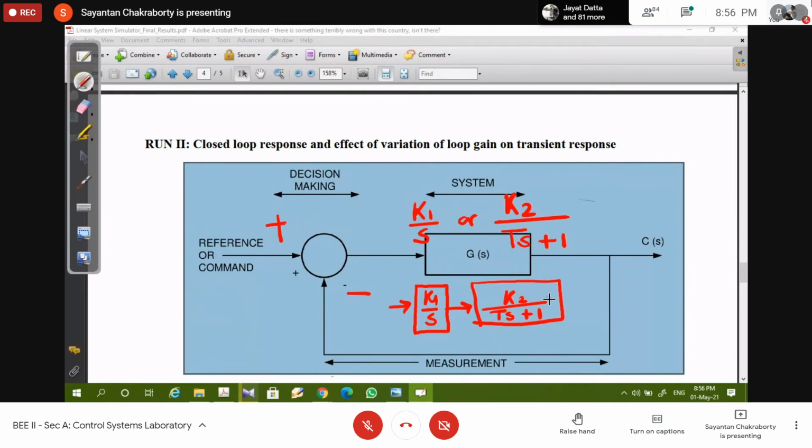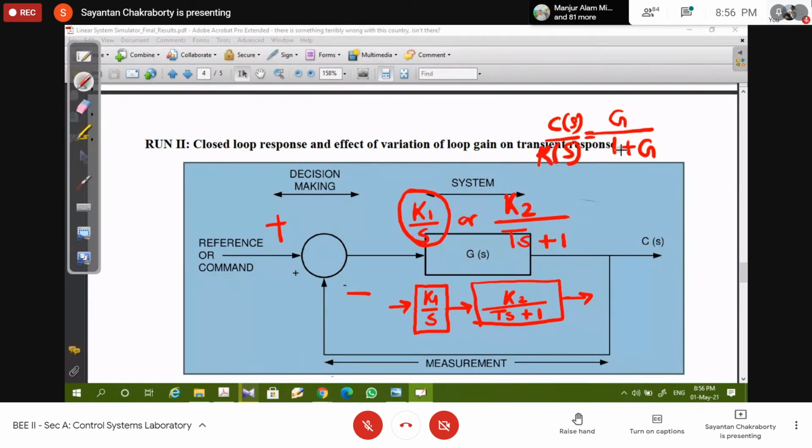So these are three combinations that you can have. This is the first one. In this case, what will be the closed loop transfer function? The closed loop transfer function will be G by 1 plus G, that is C(s) by R(s).